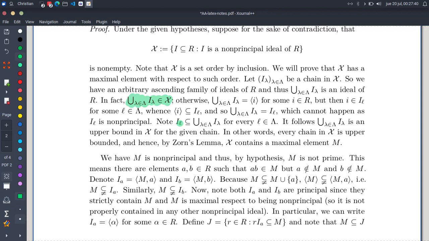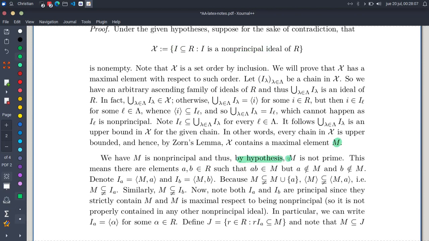Notice that it's clear that the union contains every ideal in the family. It follows that this union is an element of X that is an upper bound for the given chain. By Zorn's lemma, it follows that X contains at least one maximal element, let's say M. So this element M is in X, and thus it is non-principal.